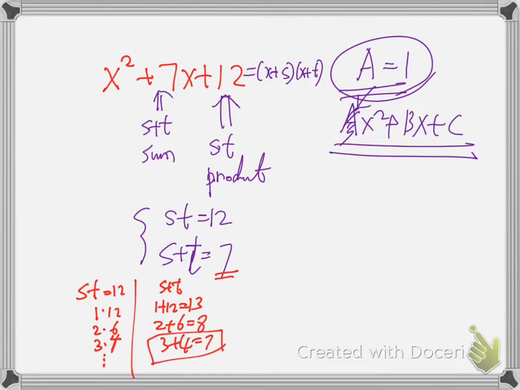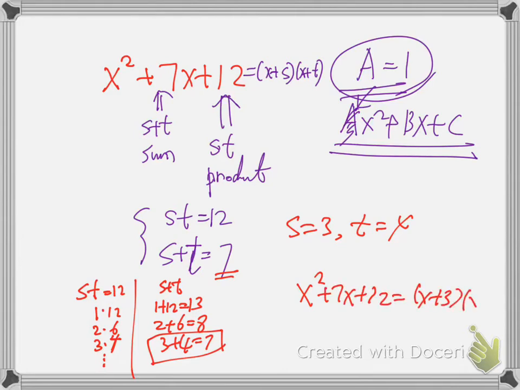That's our answer: s is 3, t is 4. So we list all the possibilities for the product and then check the sum. So x squared plus 7x plus 12 is (x plus 3) times (x plus 4). That is the easier case of the trial and error method.